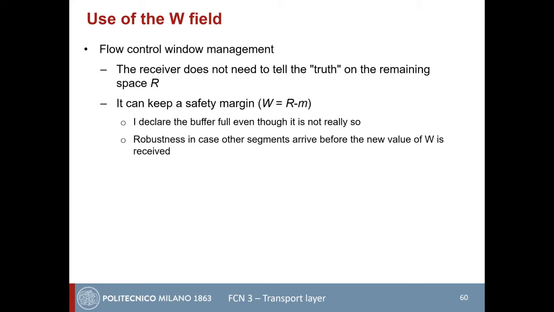For example, it may keep a safety margin, so instead of reporting exactly the remaining space in the buffer, which is R, it will report R minus this margin M. So it declares that the buffer is full even if it is not so.